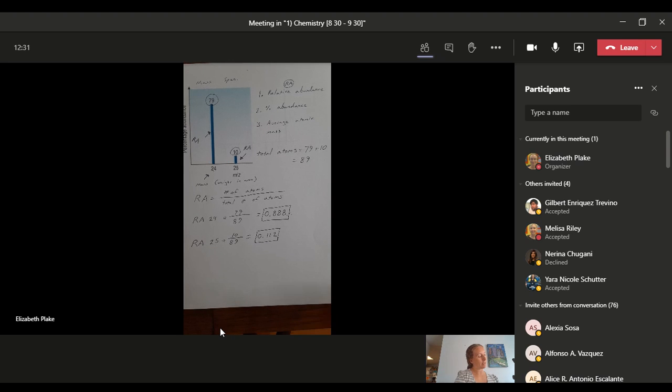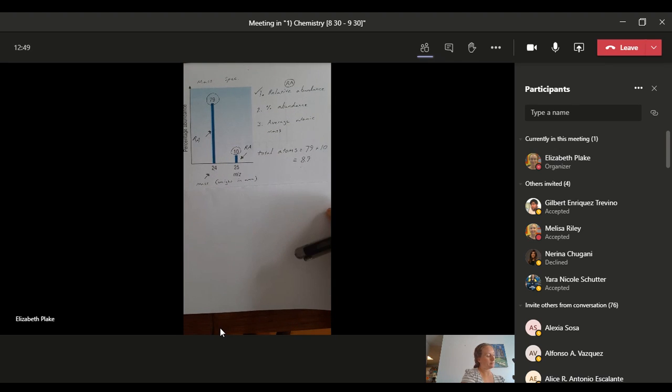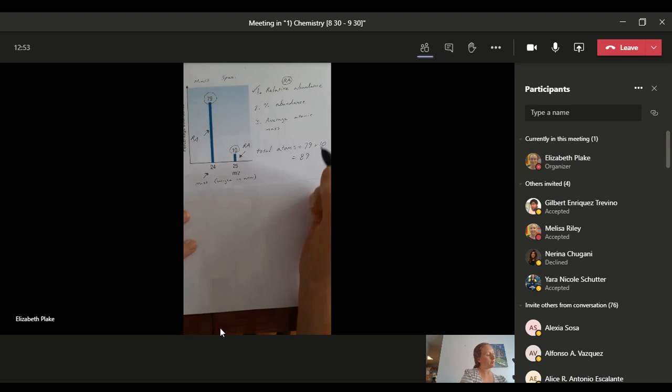All right, the next thing I'm going to calculate is the percent abundance. So I'm going to get a new sheet of paper. And to check these off, we just did relative abundance. This is the first formula on our list. Okay, I'm going to abbreviate percent abundance as percent A. This is so I don't have to write out the word the entire time.